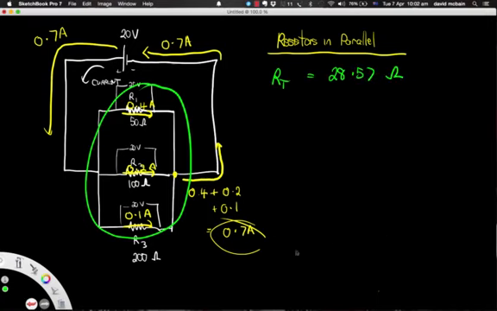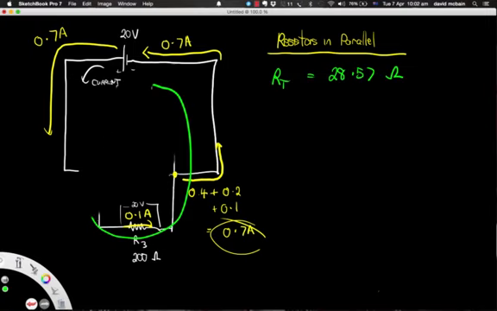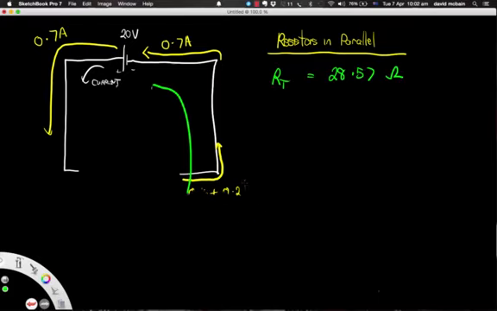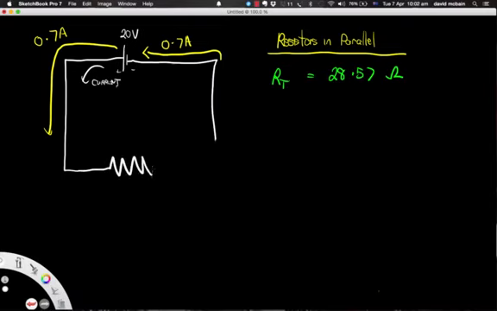So that means that if I wanted to, I could take all of this away, all of it, and replace it with a single resistor which has a resistance of 28.57 ohms, and that would cause the same current to come out of the battery.